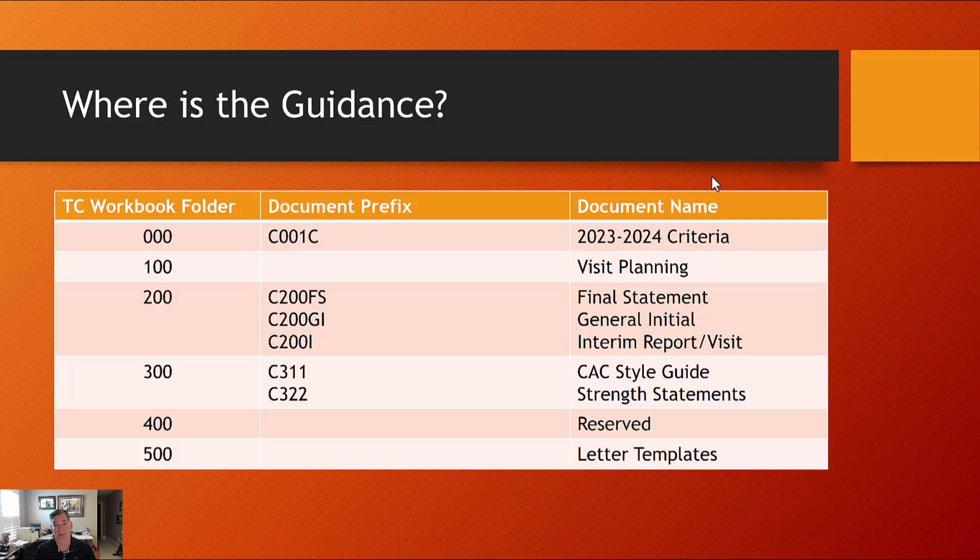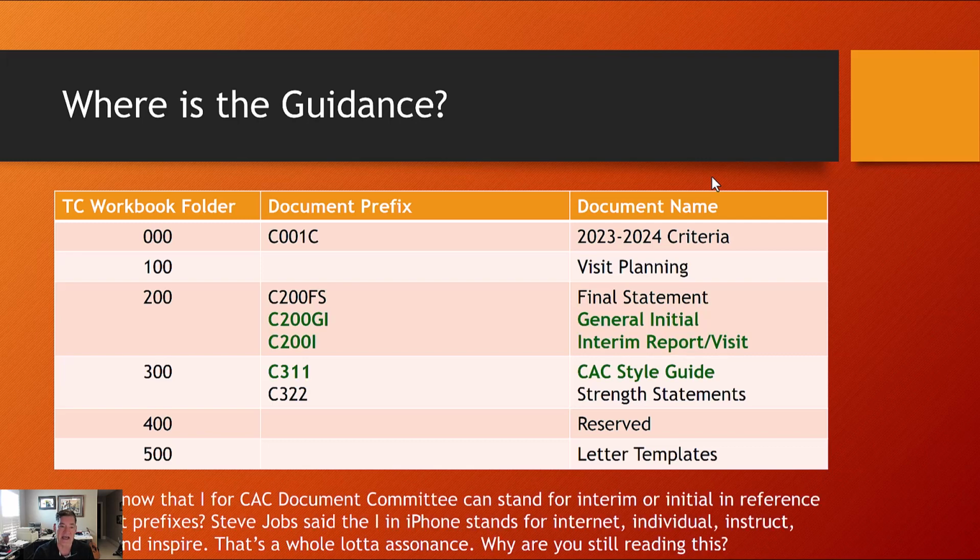Now, as you're preparing for this, this is the setup that you're going to see in your team chair workbook. You can see the folders over on the left, some document prefixes in the middle, and then document names over on the right. When you look at this, the C200 GI is going to be the one that you're going to use for your normal reviews or your initial reviews.